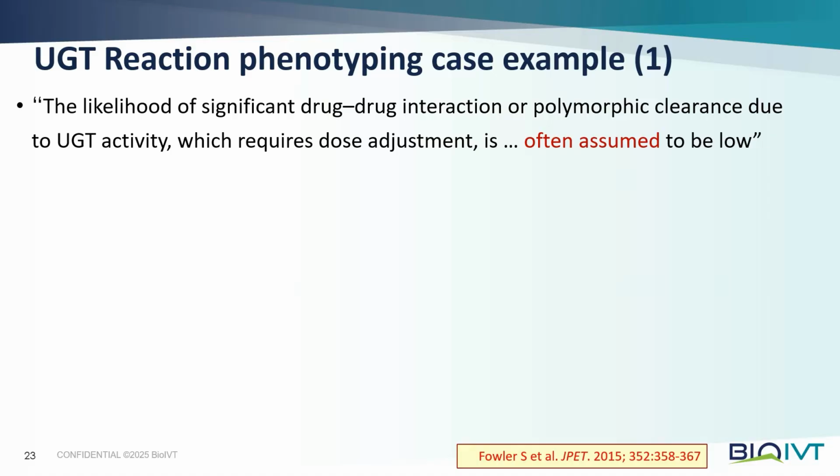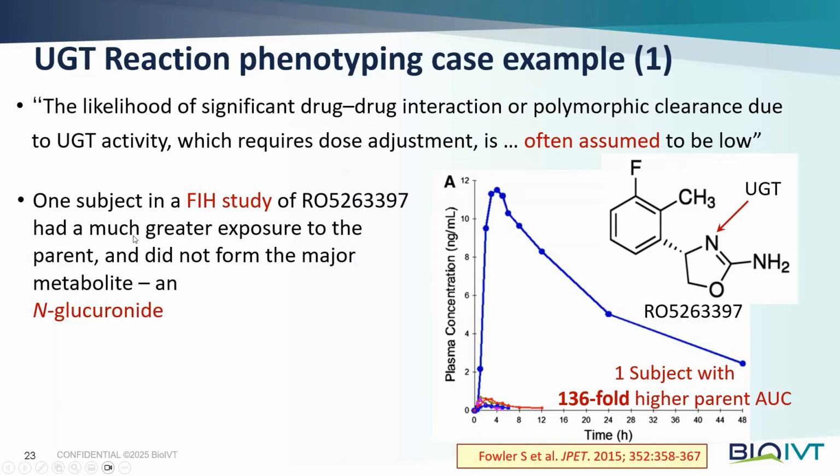But in this compound, when it was developed, it went through a first in human study, and they had one subject, this is, I think, maybe only 19 subjects in this study. They happened to get lucky, I would say, by finding this one subject that had a 136-fold higher dose-normalized AUC than the other subjects, and did not form the major metabolite, which was an N-glucuronide.